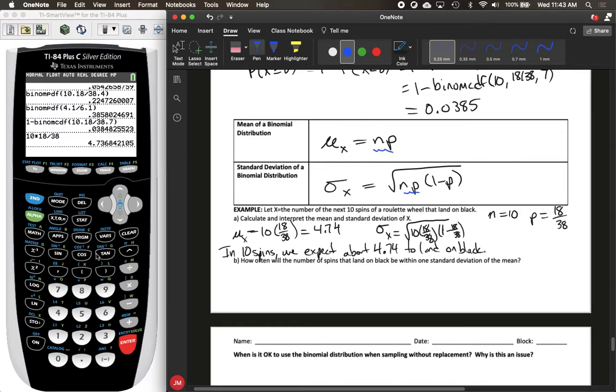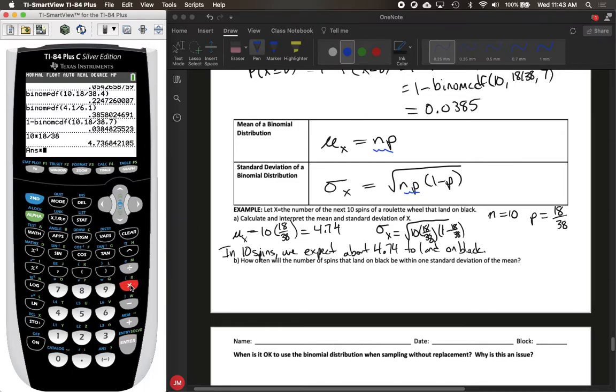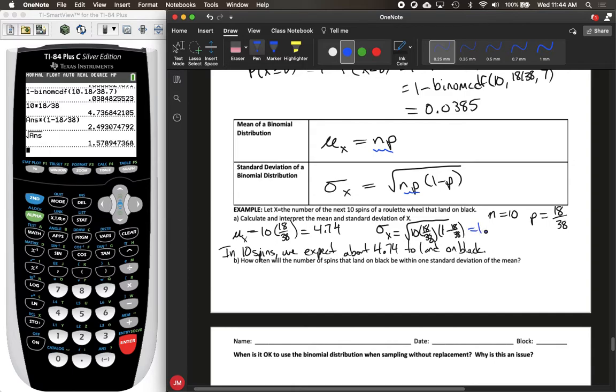So when you're calculating standard deviation, just take the answer that you just got, multiply it by 1 minus p, so 1 minus 18 out of 38. And then once you've got that, just take the square root of it, and that will give you your standard deviation, which in this case is 1.58.